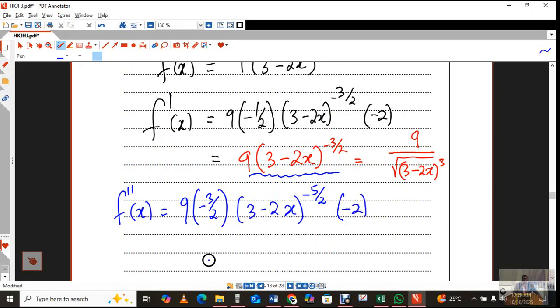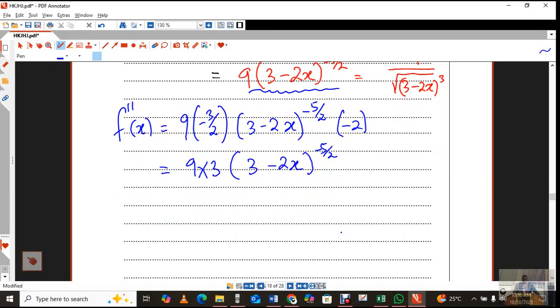Then you will see that negative 3 over 2 times negative 2 is just going to leave you with 9 times 3, and then you have (3 minus 2x) raised to the power negative 5 over 2. So let's clean this up. This is going to be 27 times (3 minus 2x) raised to the power of negative 5 over 2.